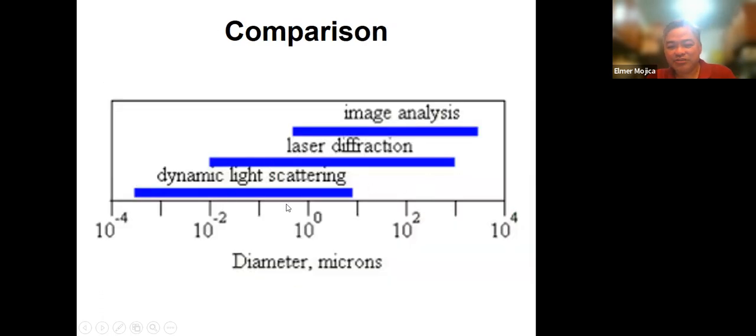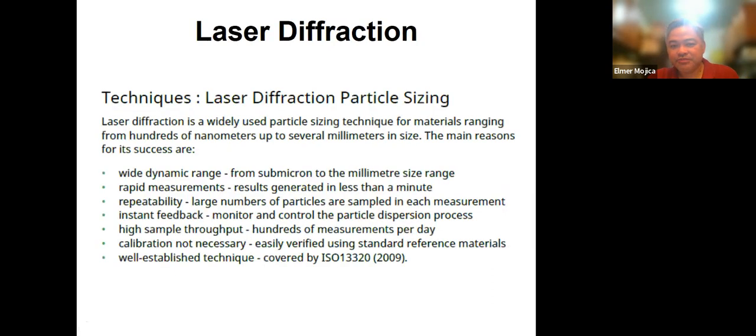So if we look at the comparison, dynamic light scattering can go to shorter particle sizes compared to the laser diffraction. For laser diffraction, its particle sizing is a widely used particle sizing technique for materials ranging from hundreds of nanometers to several millimeters in size.